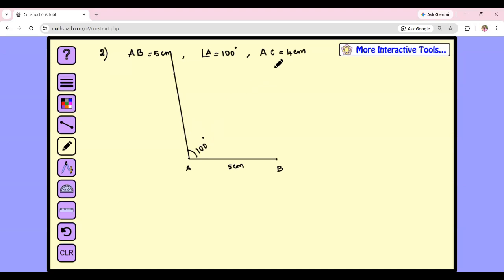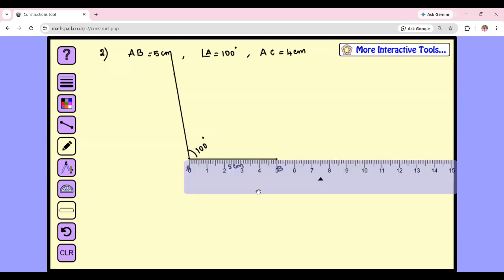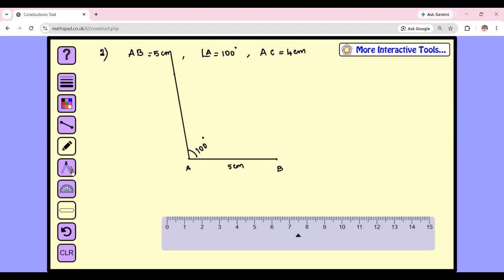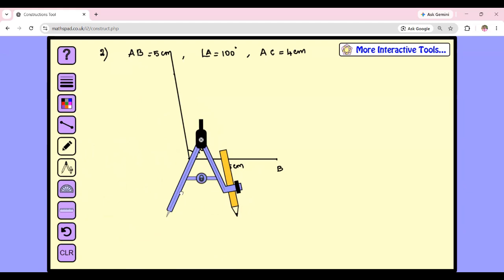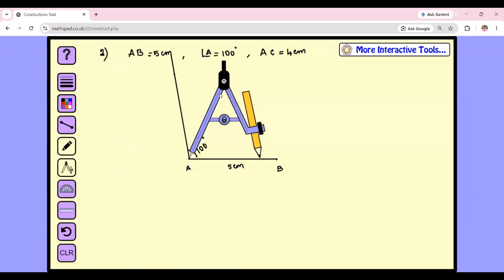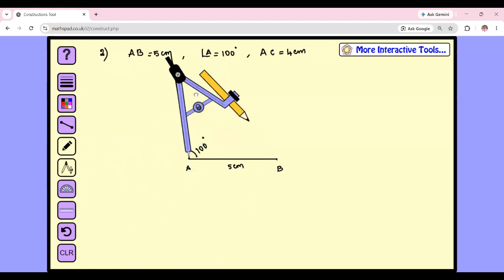Next, we have to draw AC equal to 4 centimeter. A is here. Use your compass and measure 4 centimeter. Now keep the pointer in A and draw the arc.